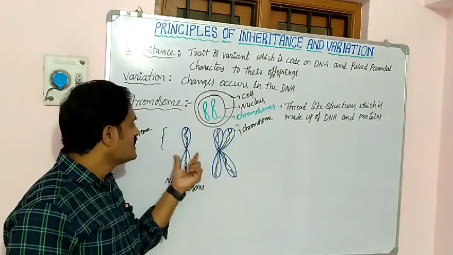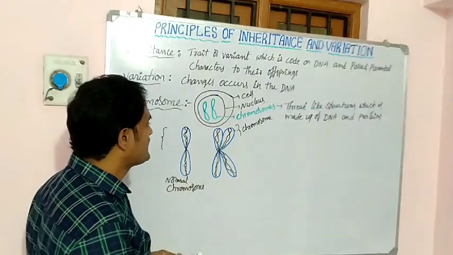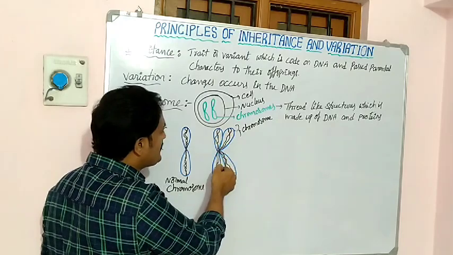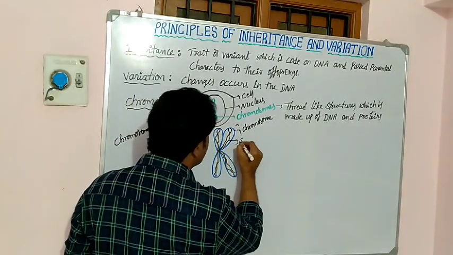Once the cell is involved in cell division, the DNA replicates and forms a same copy of DNA.